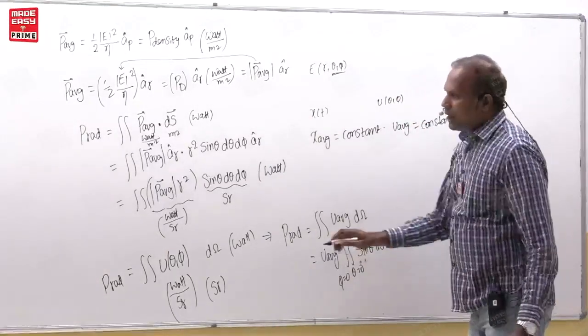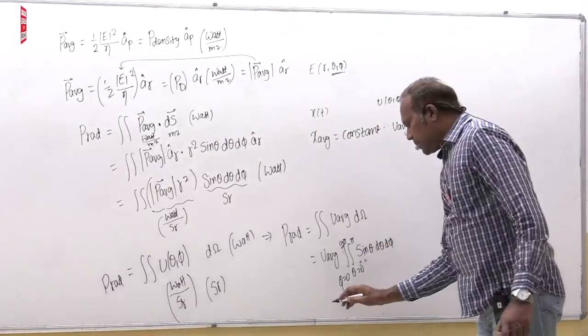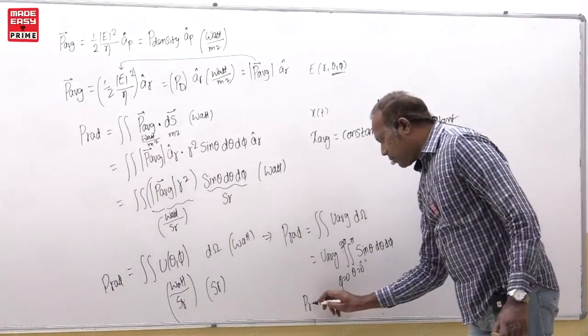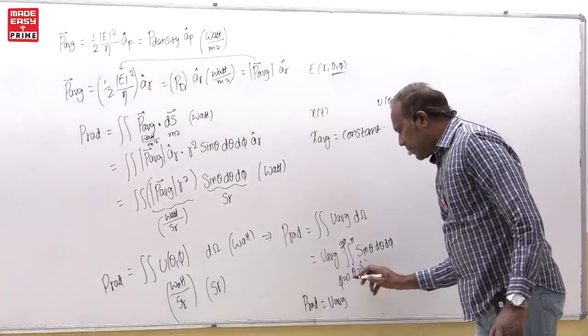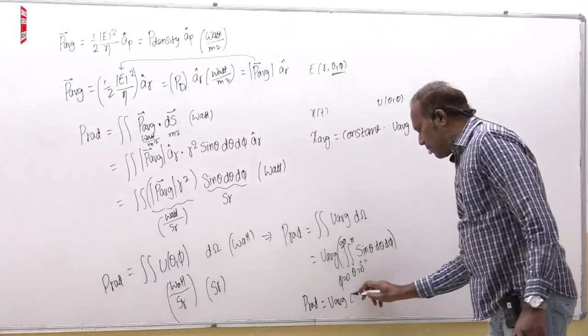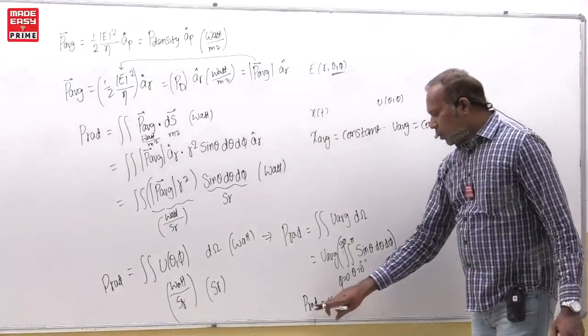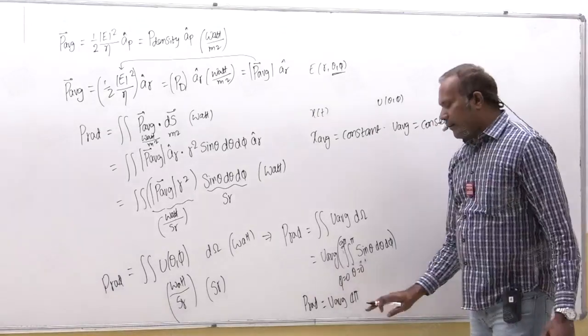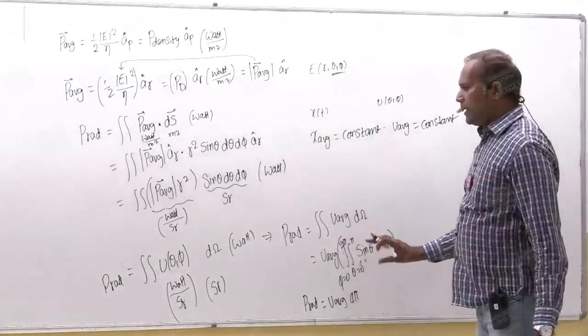We already derived that the total solid angle is 4 pi. So power radiated equals average radiation intensity times 4 pi. So the average radiation intensity is equal to the total power radiated by the antenna divided by 4 pi. This is the way you get this formula.